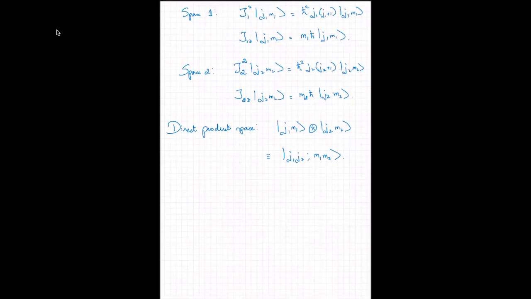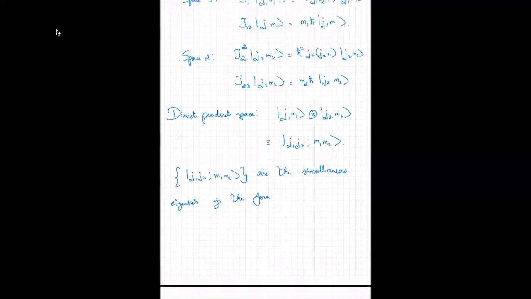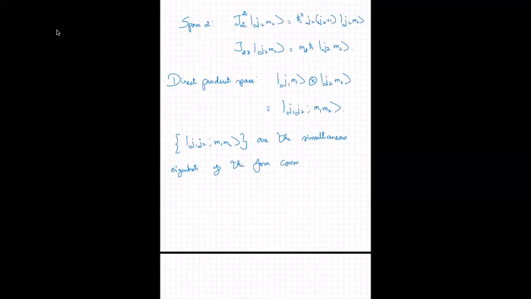In other words, these basis states J1, J2, M1, M2 are the simultaneous eigenkets of the four commuting operators J1 squared, J2 squared, J1Z and J2Z.